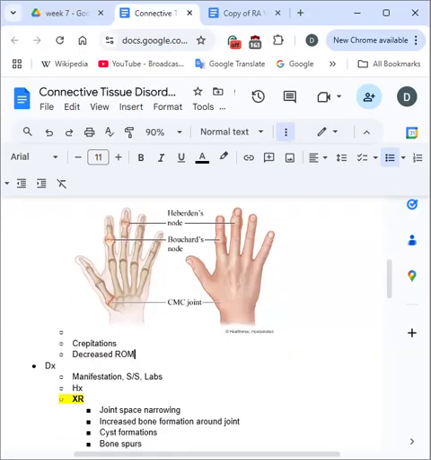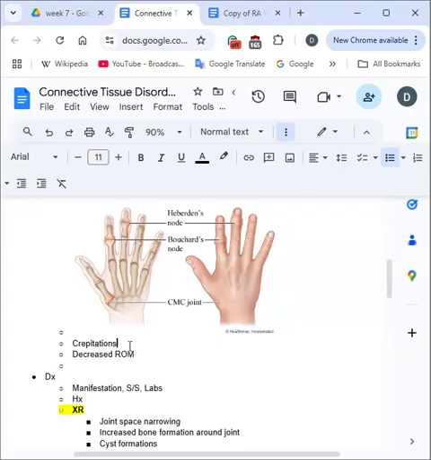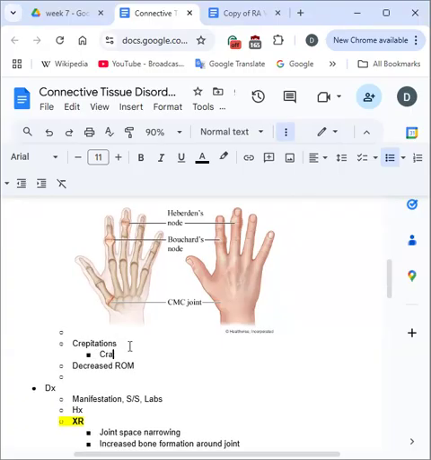With RA, you see a lot of contraction. My mom has OA and RA. Oh, speaking of rice crackle pop, I'm having Rice Krispies. So the crepitations is like the crackling in the joints.